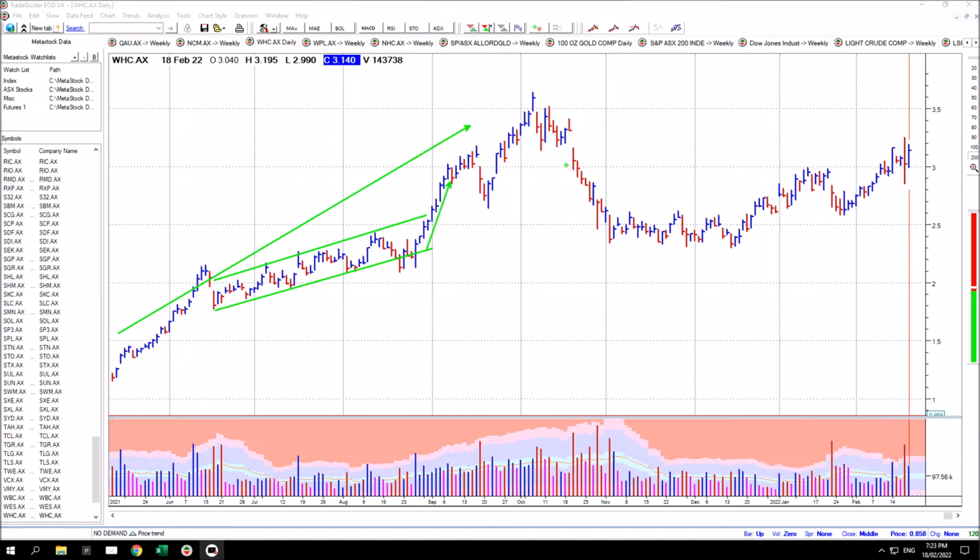Now price was muscled down here. I know that from one of my other charts. My short chart sort of showed that. And price was pushed down here quite strongly. And there was a reaccumulation form through here.